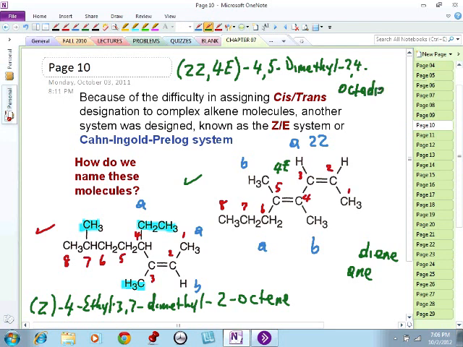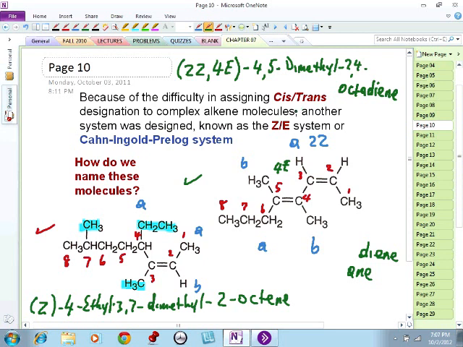In other words, remove the NE ending of the corresponding alkane and replace it with the prefix di, in this case because you have two carbon-carbon double bonds, and then the ending ene at the end, diene.